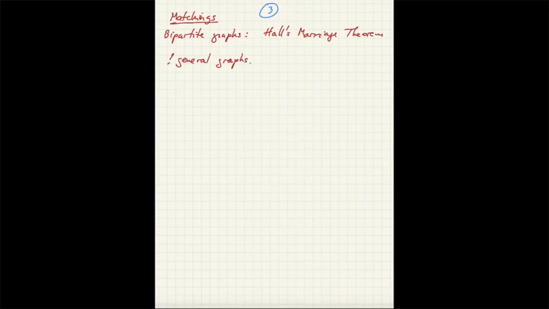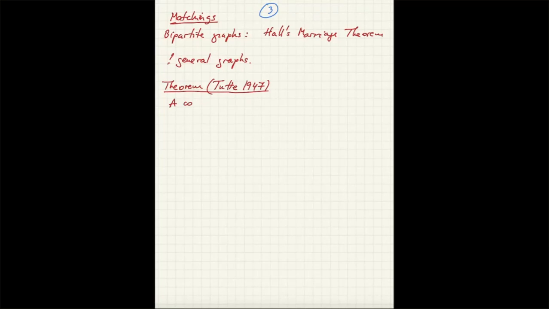The following is a result that takes care of this problem. So this is a theorem due to Bill Tutte, who's a famous graph theorist. He was born in England, but then he worked most of his life at the University of Waterloo in Canada. And this is the result that he proved.